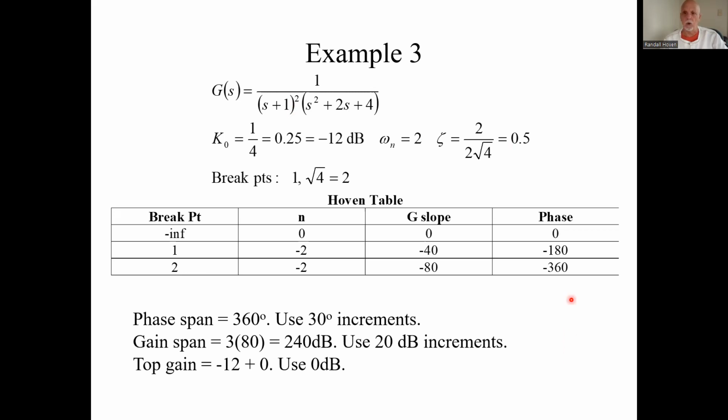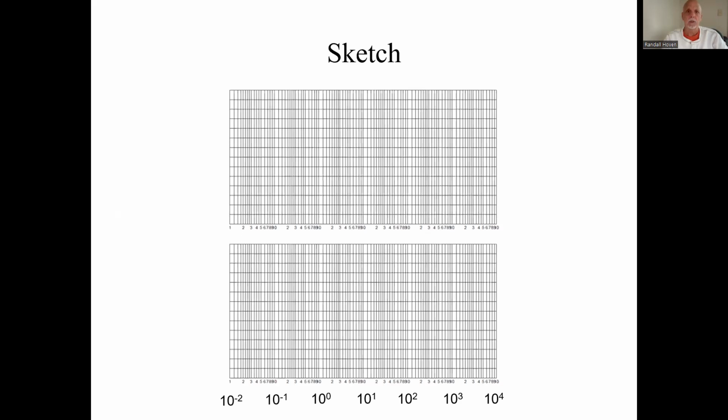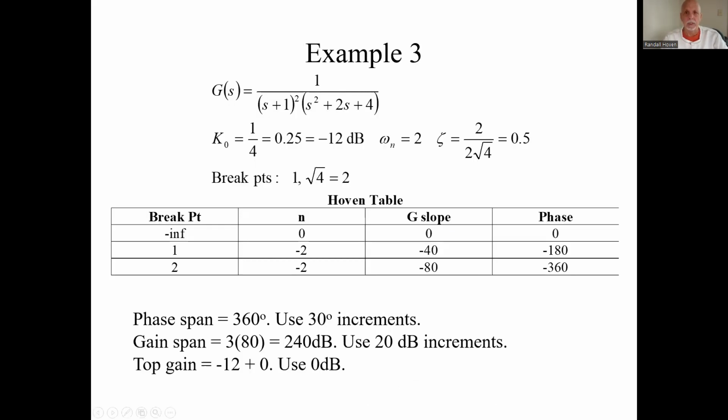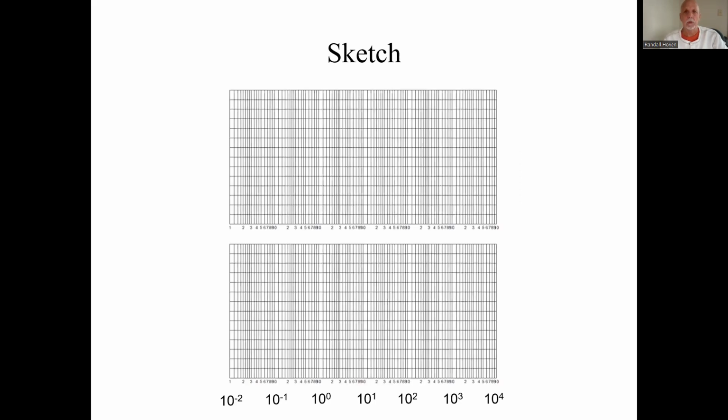I'm going to go over how to calculate increments and the scaling of the graphs. It's going to kind of depend on your blank Bode plots. My rules of thumb were based on these blank Bode plots. I put in the frequency increments here. And the breakpoints are 1 and 2.